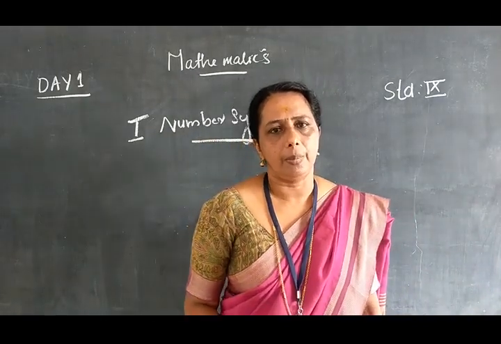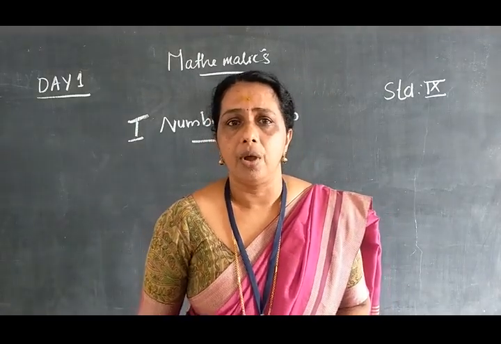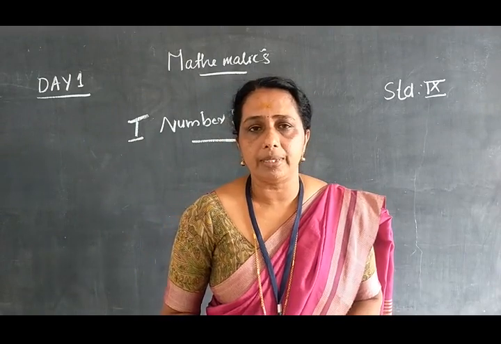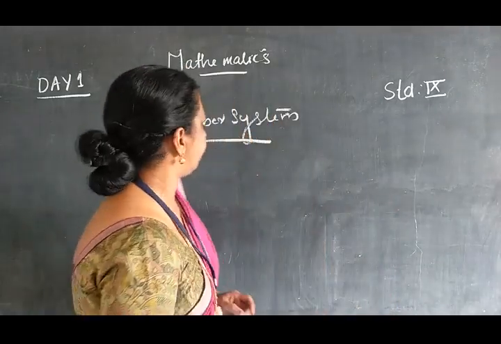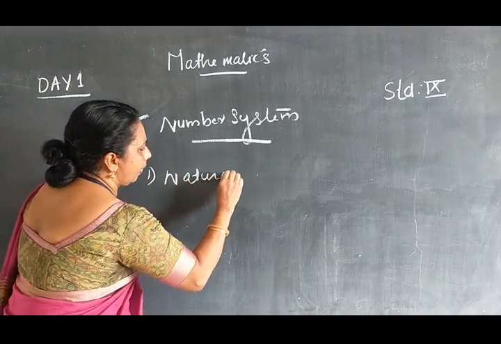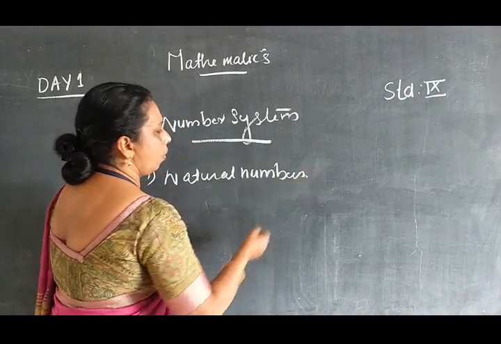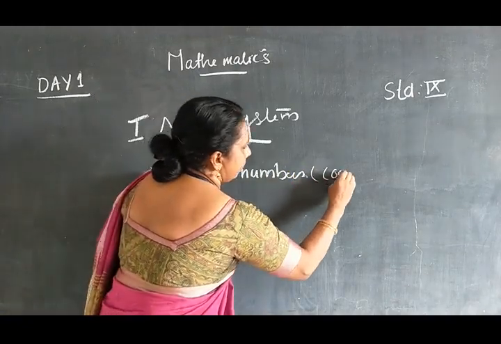The first one is natural numbers, or one more name is counting numbers.